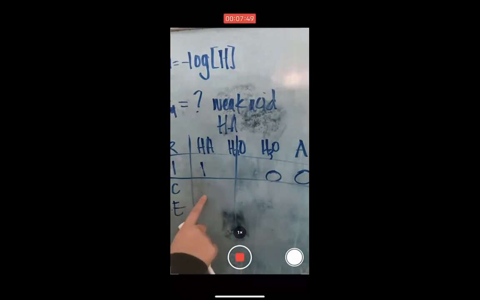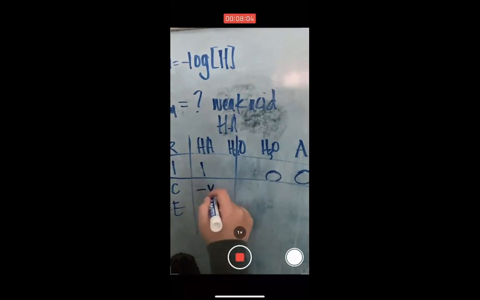So the change for HA: is it going to get used up or is it going to be made? If it's a reactant, it's going to get used up, right? So we're losing it as the reaction proceeds. So it's minus X. And we're not filling anything out for H2O, right?